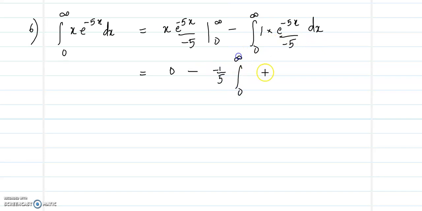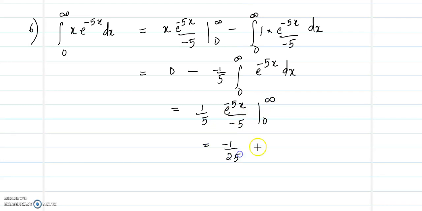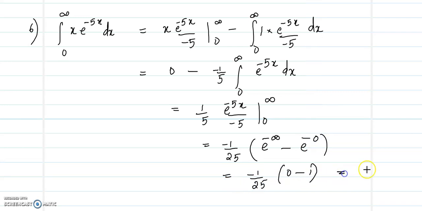So we will have the integral from 0 to infinity of e power minus 5x dx. So this will be 1 by 5. Now the integral of e power minus 5x will be e power minus 5x by minus 5 from 0 to infinity. So that will be minus 1 by 25, e power minus infinity minus e power minus 0. So that will be minus 1 by 25 into 0 minus 1. So the value will be 1 by 25. So the value of integral will be 1 by 25.